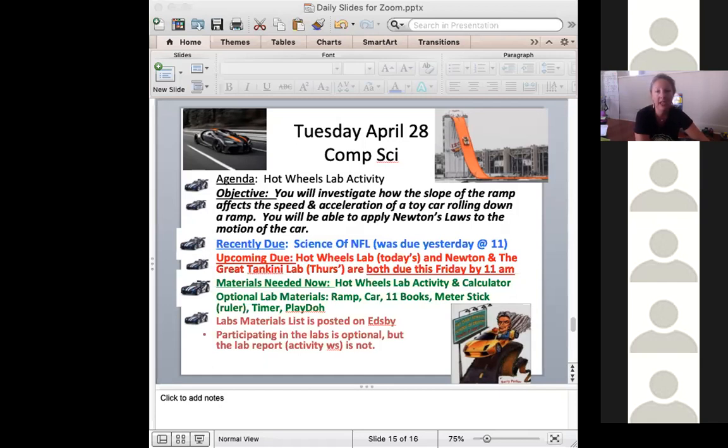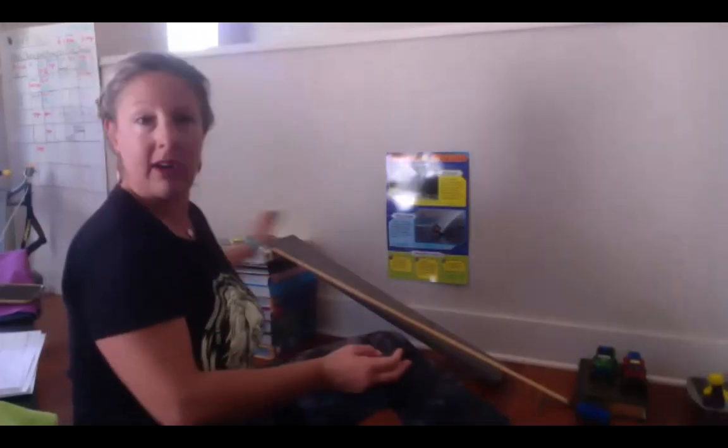And you should be getting that out right now. Building the ramp and racing your Hot Wheels cars are optional, but filling out the lab sheet is not optional. Both of them will be due this Friday by 11 a.m.